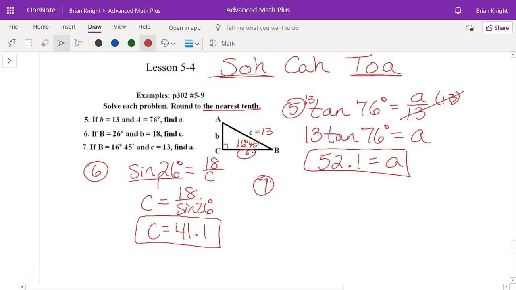Adjacent, opposite, hypotenuse. Which one? Adjacent. It is adjacent, and C is the hypotenuse. So what uses adjacent and hypotenuse? Cosine. So this time we're going to do cosine. Cosine of 16 degrees, 45 minutes. That's going to equal, adjacent is what? A over the hypotenuse is 13, so we multiply both sides by 13.